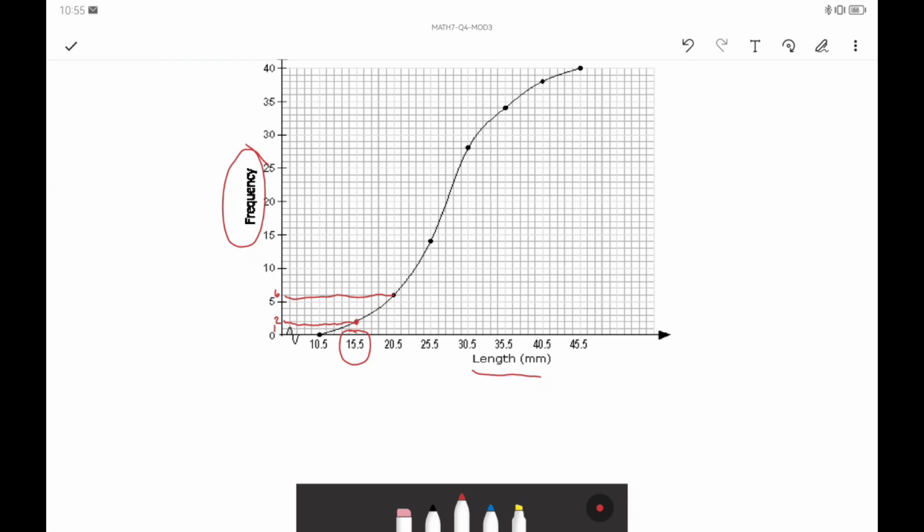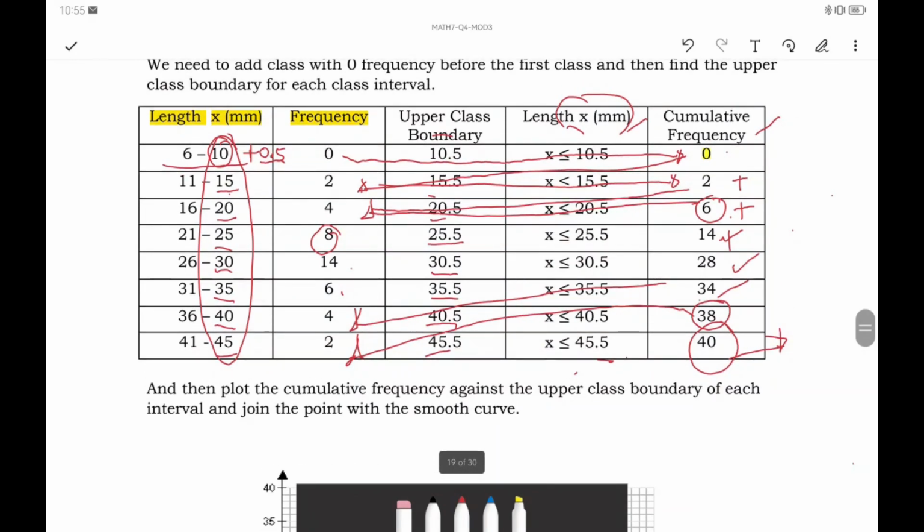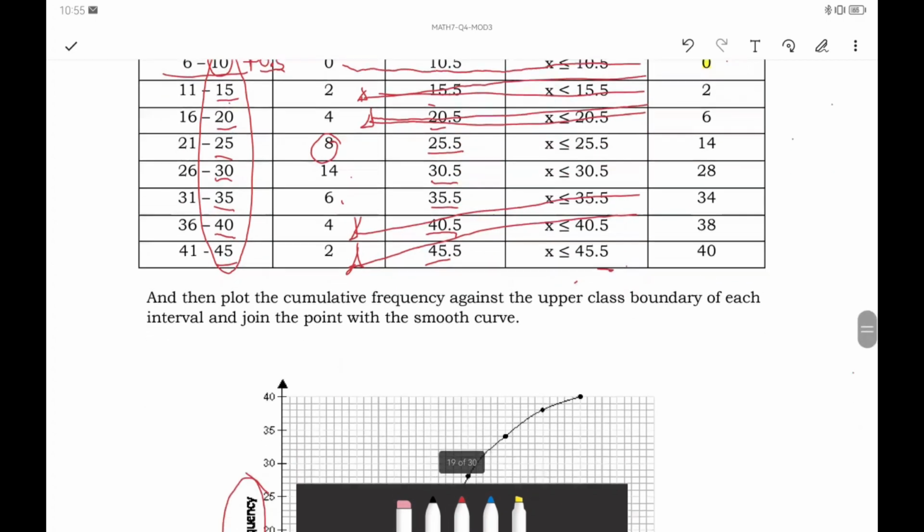25.5 occurs 14 times. Why 14? As you can see, it is the cumulative frequency that we plot. Let's go back.